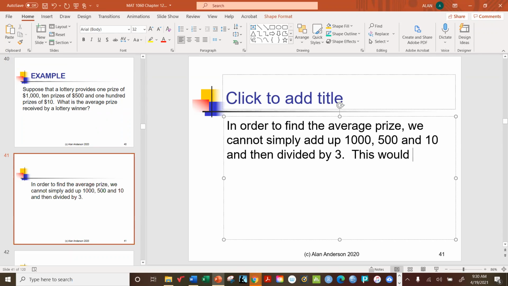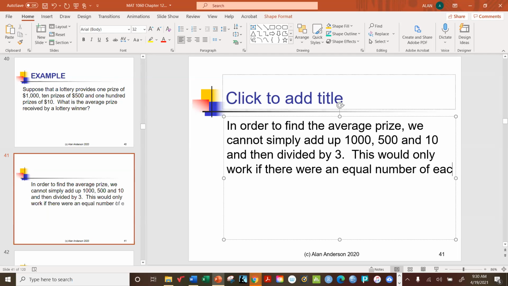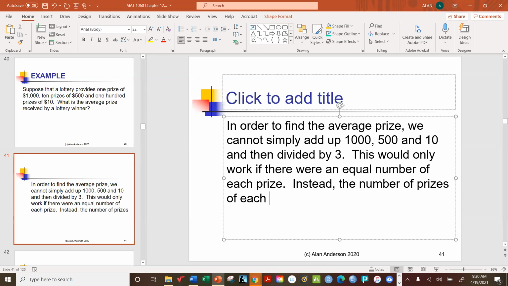This would only work if there were an equal number of each prize. So if there were 10 prizes each, you'd be fine, but it didn't work out that way, did it? Instead, the number of prizes of each value is different.